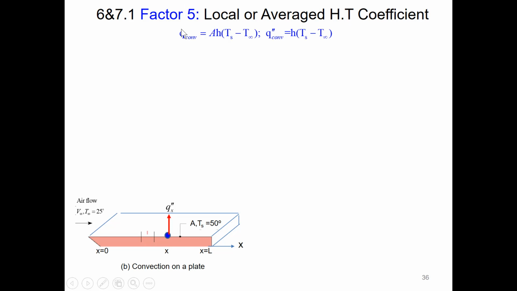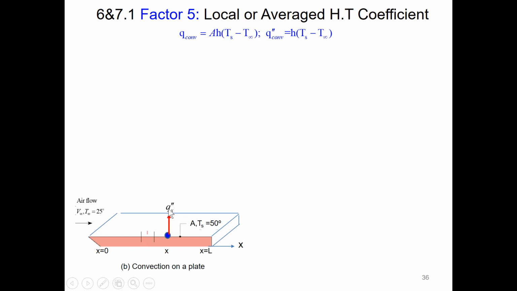The last factor, factor 5, local or average heat transfer coefficient. Let's run an experiment first. Cool air is passing over a hot plate.